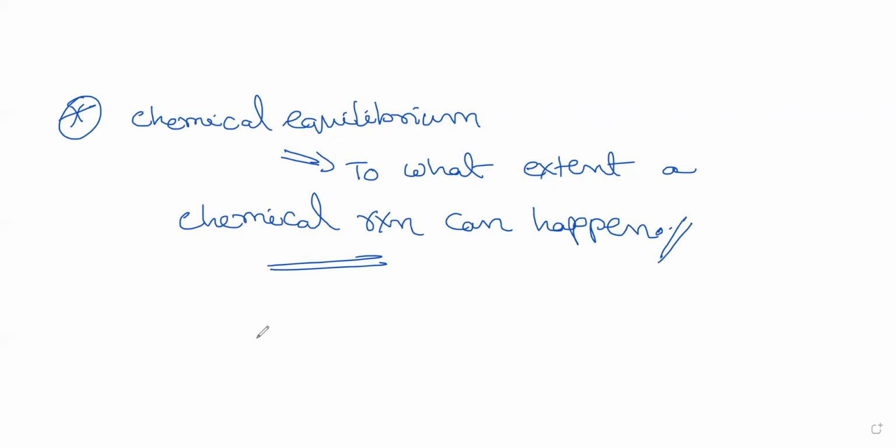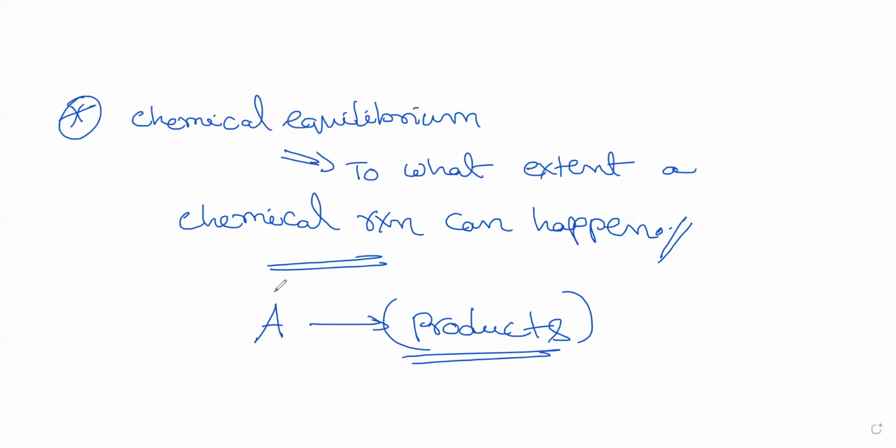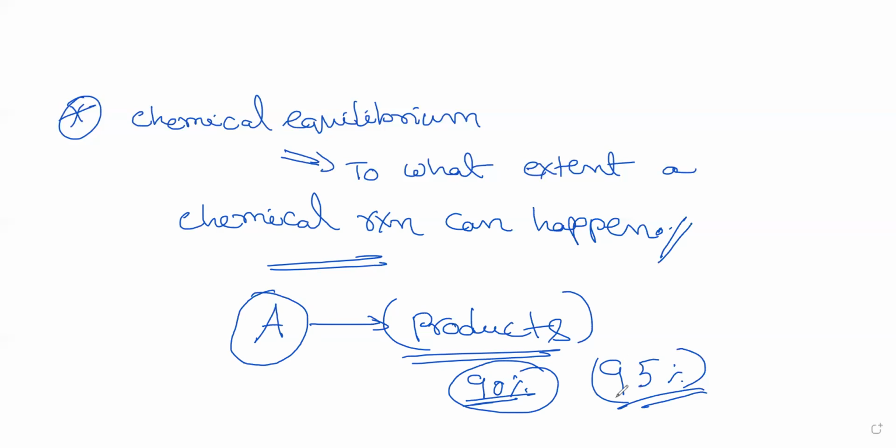Suppose A goes to products. The entire A may not get converted to products. Let us say 90% of A is converted to products, so 90% product formed, or 95% product formed. This is the way we talk about a chemical reaction. These percentages tell us to what extent the product has formed.